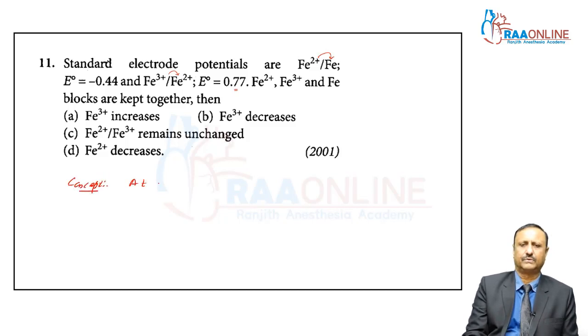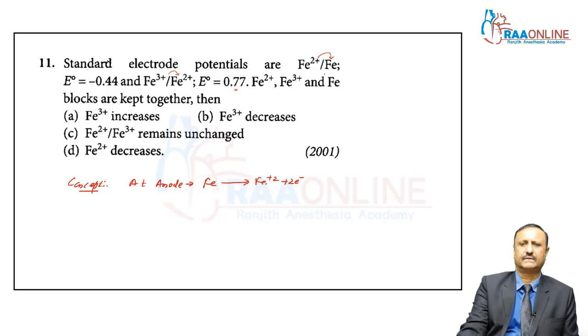First of all, at the anode, you can see Fe is converted into Fe plus 2 and 2 electrons are evolved at the anode. Here Fe to Fe plus 2.